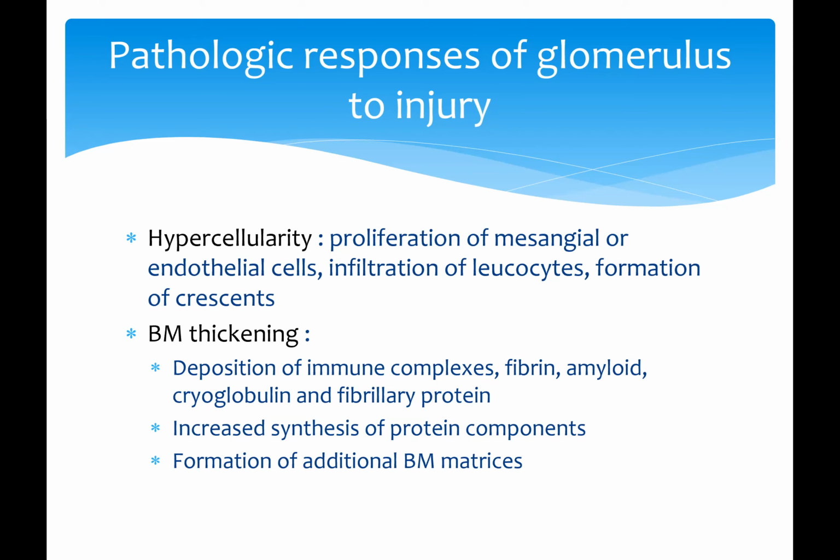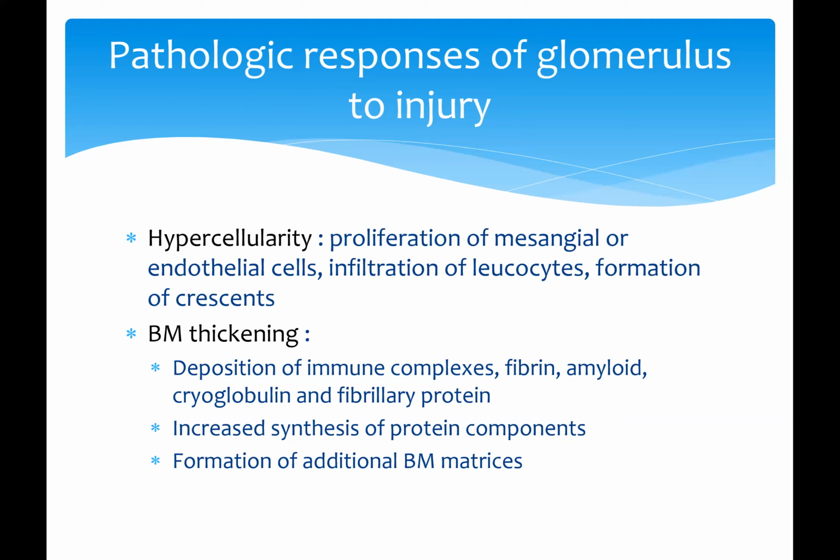It is also best visualized by electron microscopy rather than light microscopy. So as I have said, again, basement membrane, that's the structure between your endothelial cells and your epithelial cells.